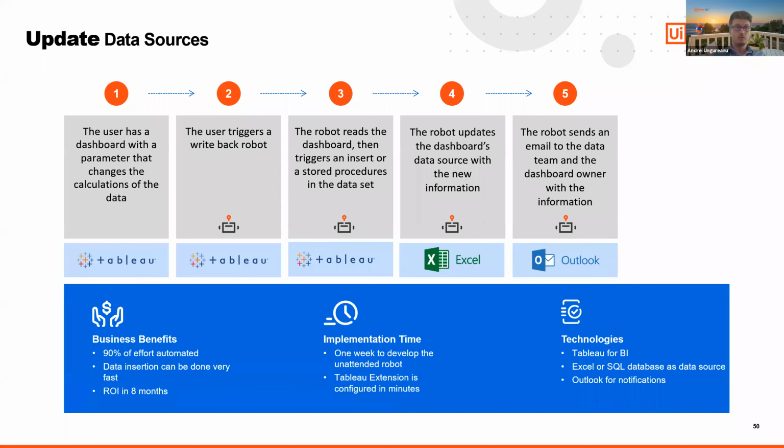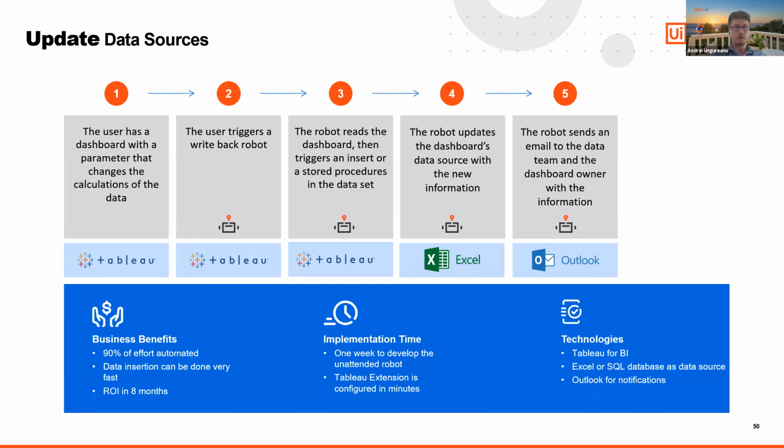Let's say that we would also want to show that information in a new tab. And then the robot would also be able to send emails to the data team and to the dashboard owner saying, look, the data has been updated. And the business benefit would be that 90% of the effort would be automated.